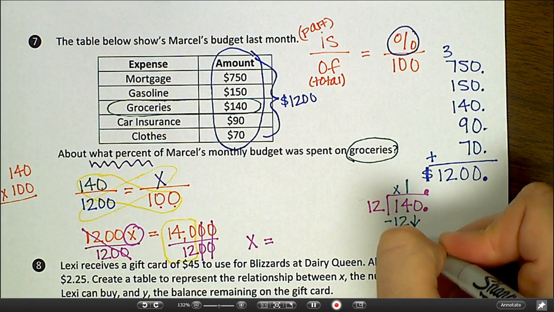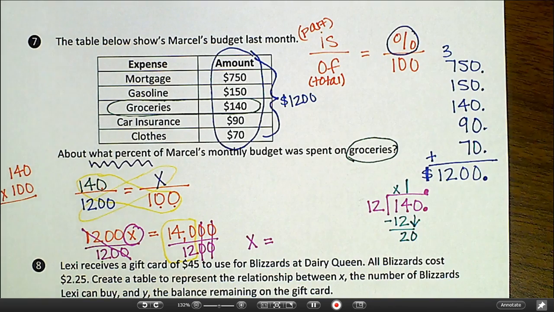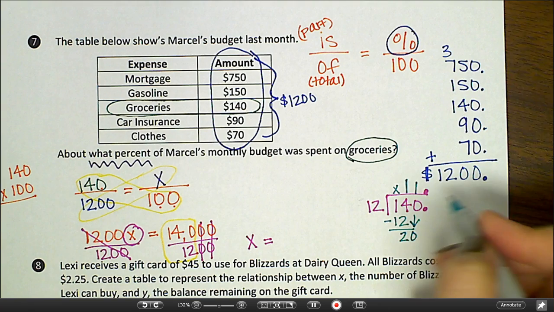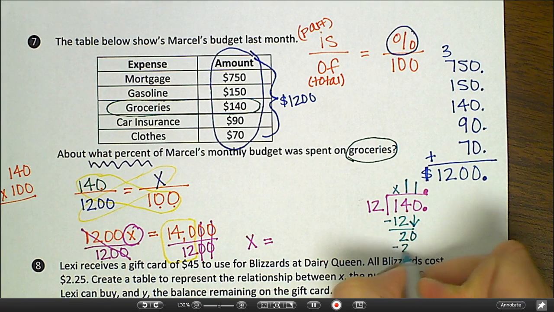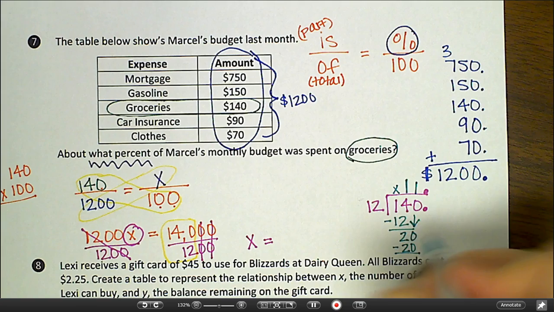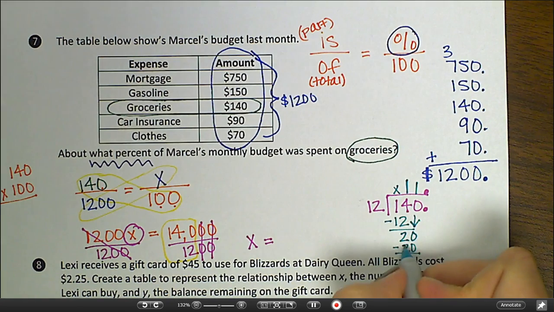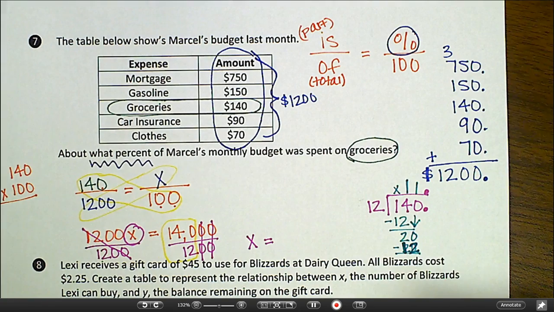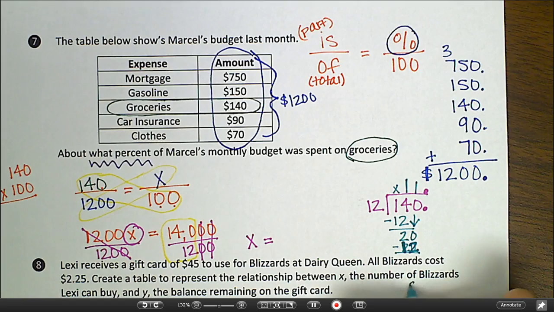Let's bring down a 0. 12 goes into 20 one time. 1 times 12 is 12. I hope y'all caught that. I subtract. I'm going to come down here a little bit and get 8.